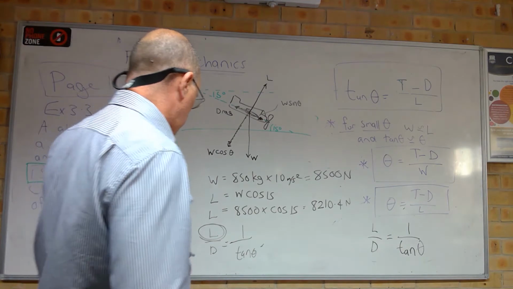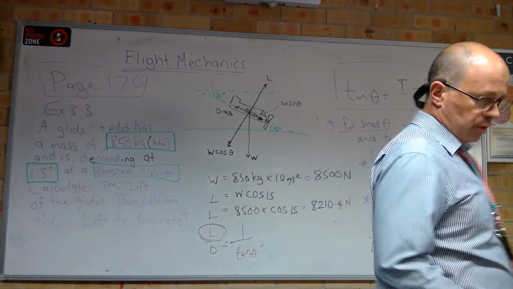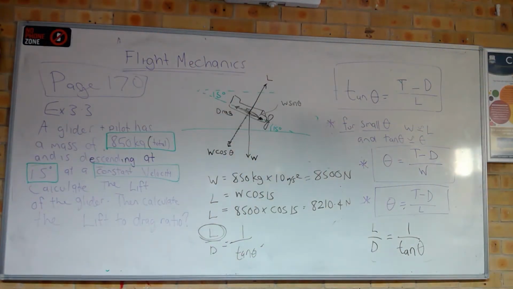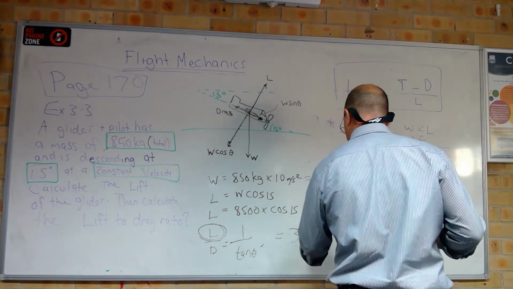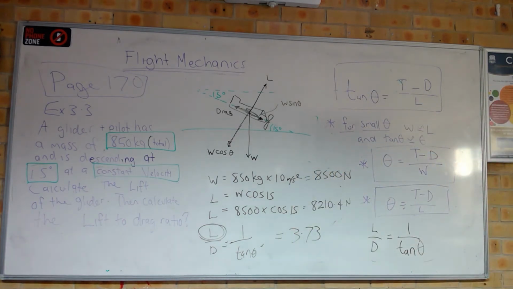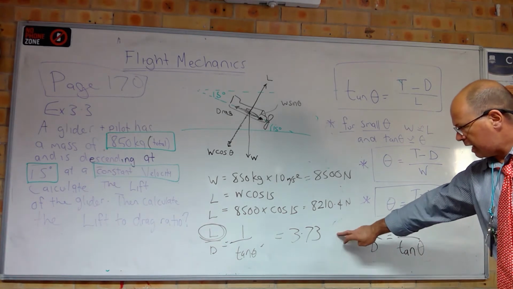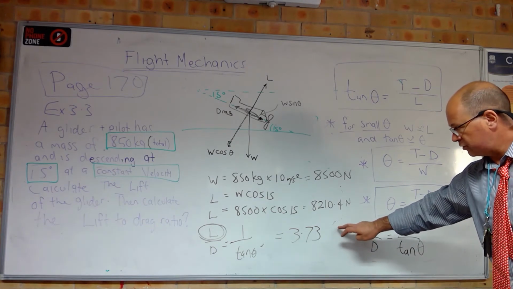So if I was to try and solve this problem by saying 1 over tan theta, let's try it, 1 divided by tan 15, 3.73. Okay, so lift to drag equals 3.73.